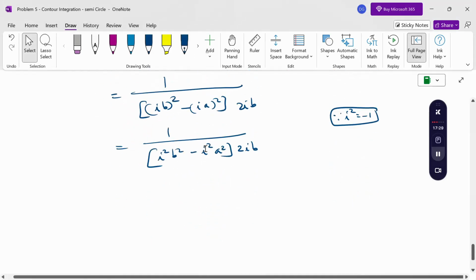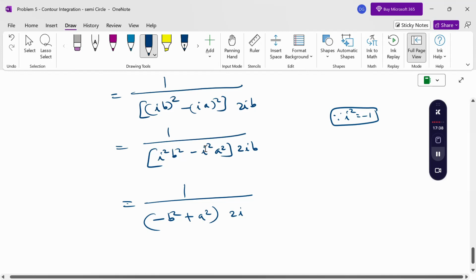Therefore this is 1 by minus b square, minus of minus plus a square, 2ib. Therefore 1 by 2ib, a square minus b square, this is the residue 3.